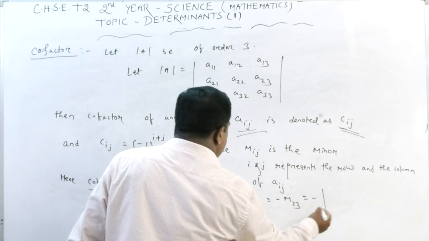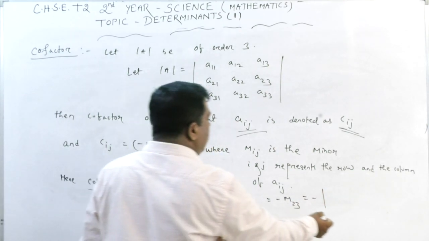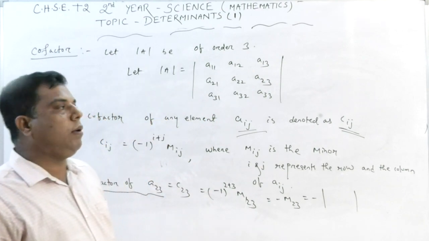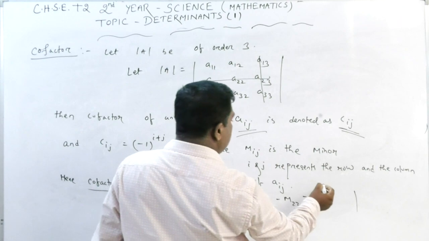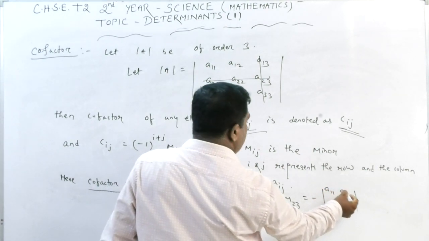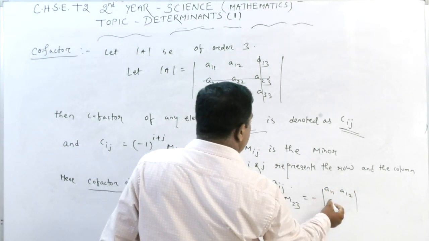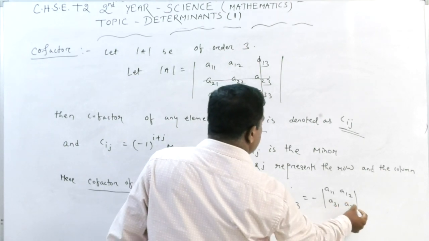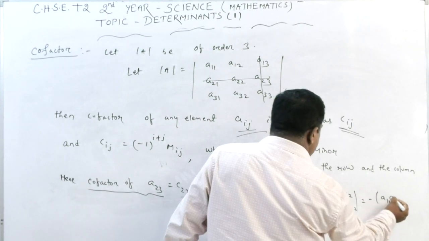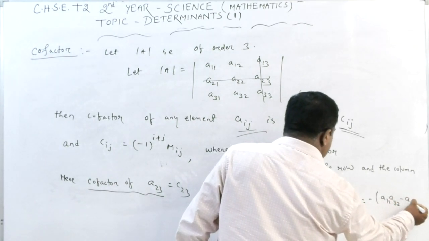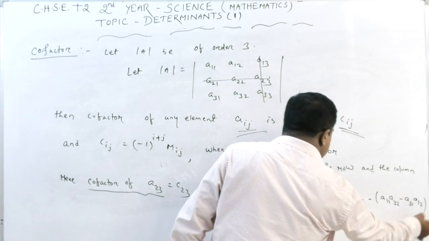And how is M23 evaluated, dear students? By leaving the row and the column. So it is A11, A12, A31, A32. So it is minus of A11 multiplied with A32 minus A31 multiplied with A12.